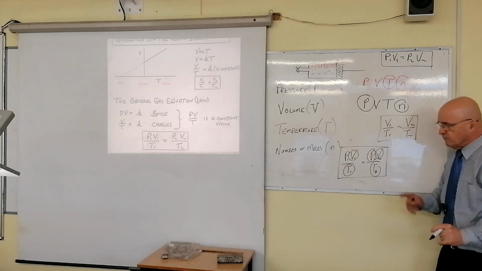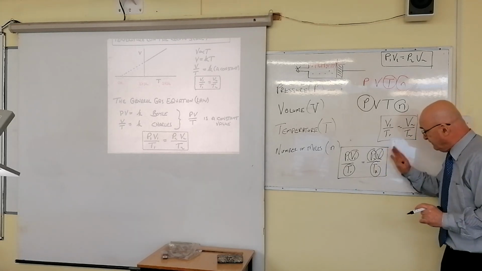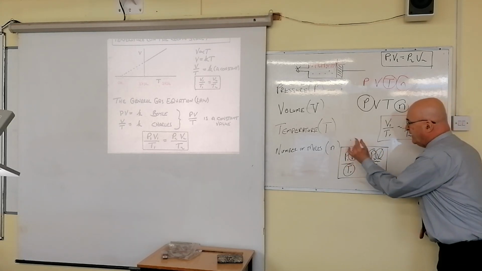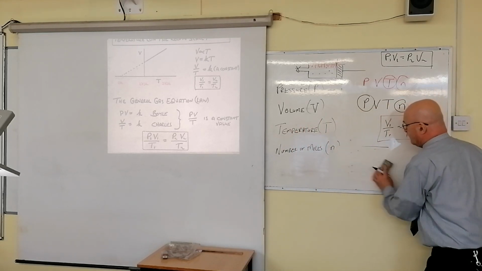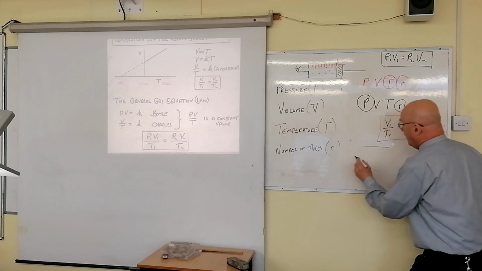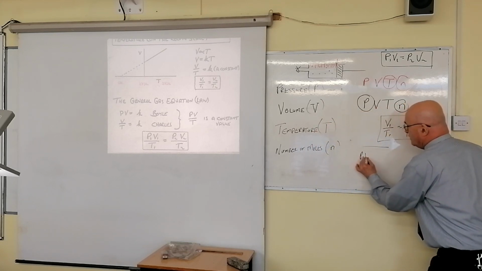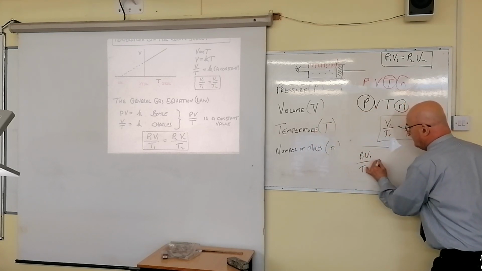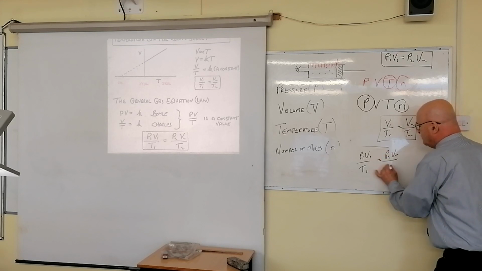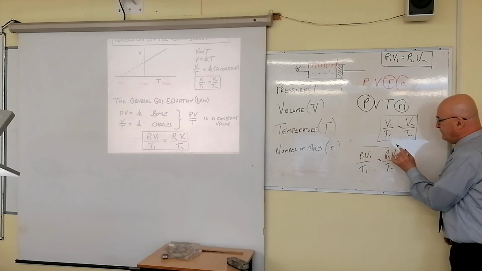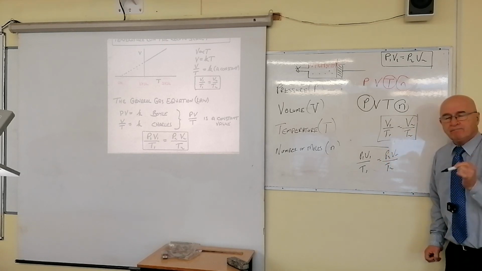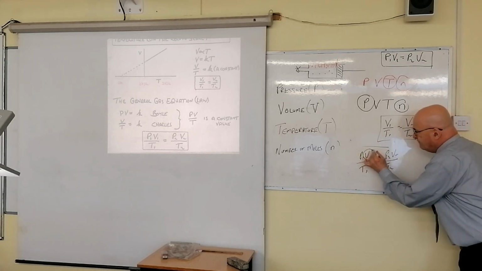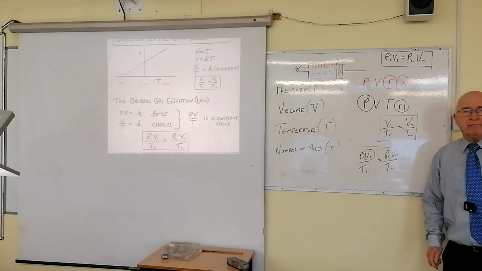If they gave you the volume at one temperature and pressure, you could find the volume at a different one. Now, can I just go back on that again? I want to be sure everybody's clear. It's only a functional formula. P1 V1 over T1 equals P2 V2 over T2. If I give you the volume of a gas at a stated pressure and a stated temperature, you can find the volume at a different pressure and a different temperature.